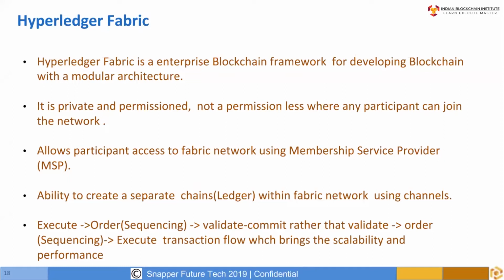Okay. So this is what I was saying, that the architecture of Fabric is such a way that it is scalable because roles and responsibilities are given to the different nodes. In Ethereum or Bitcoin, every node has to do everything, like they have to validate, order, and execute transactions which come to them. So when a transaction is broadcasted, it goes to every node in that network, and every node has to validate it, order it, and execute it.